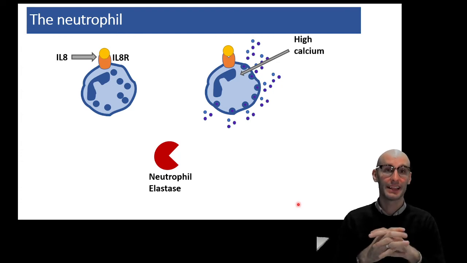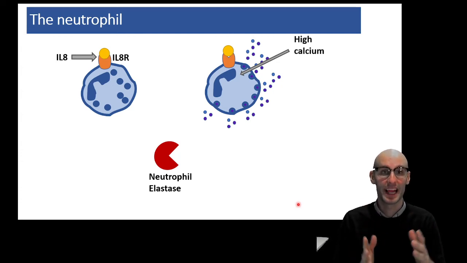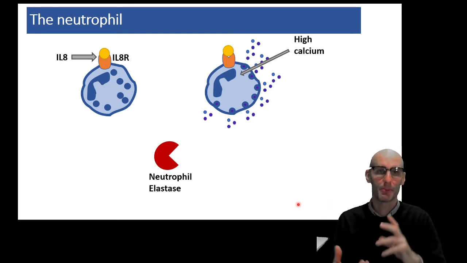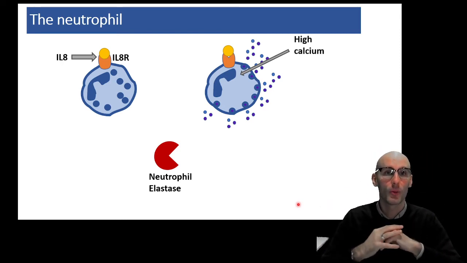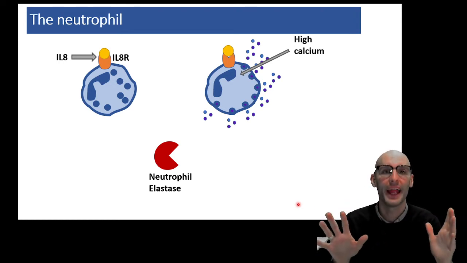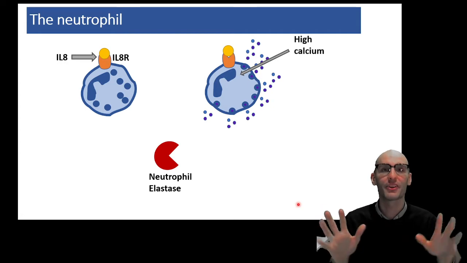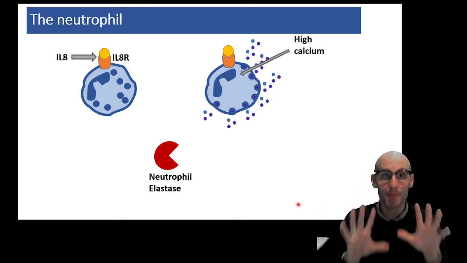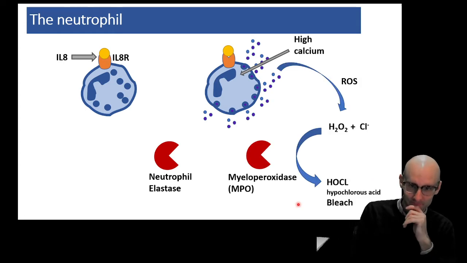Neutrophil elastase is a non-specific protease that will chop up everything. So it will kill the bacteria, but it will also kill host cells. It just chops up everything. It says everything in this area needs to die, and then we can do repair processes later. But it's most important to kill this pathogen.